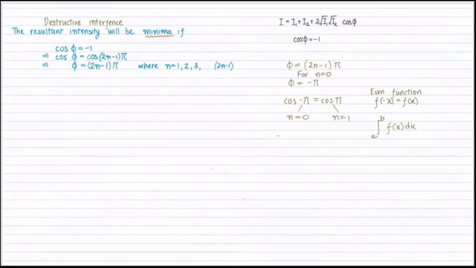Suppose, consider one whole wave. Consider one whole wavelength. This is one complete wavelength, lambda. This complete wavelength corresponds to a complete cycle.